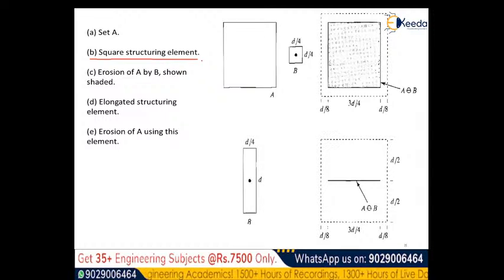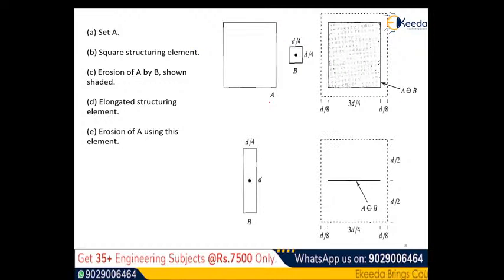Depending on the type of structuring element, the corresponding results of the erosion are also going to change, and the selection of the structuring element should be suitable to the application at hand. The square-shaped structuring element is shown here. Now let me compare the dimensional details of the two inputs here.